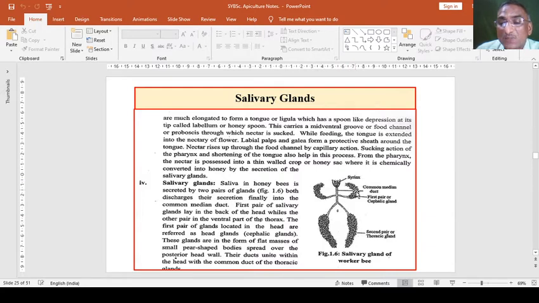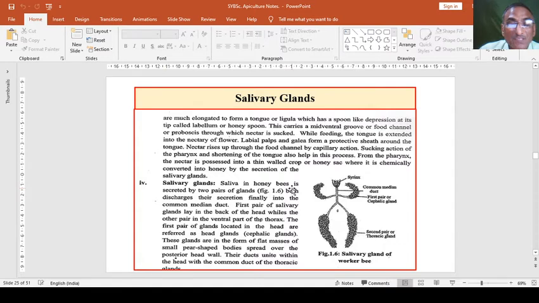As the first pair of salivary glands is located in the cephalus or head region, it is called the cephalic salivary gland, and as the other is located in the thorax, it is called the thoracic salivary gland, or we can say the second salivary gland, first and second. So if a note is asked in the examination, you will be able to write something like that.